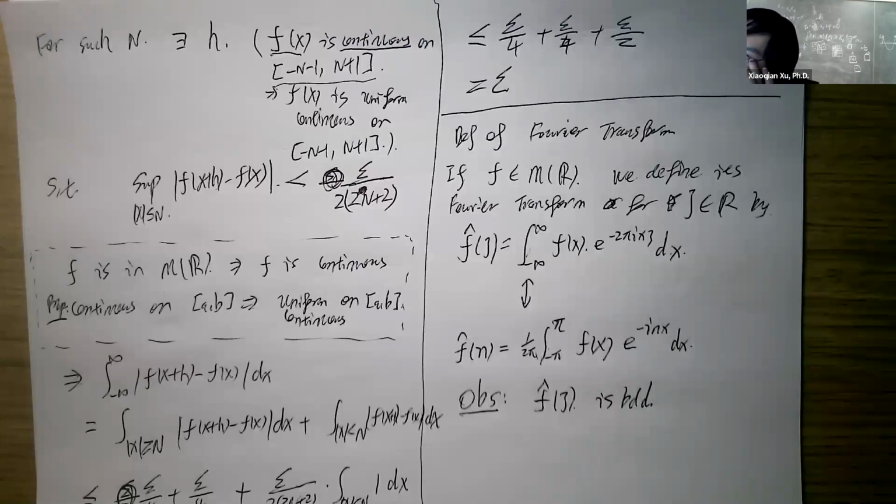Any idea? Well, intuitively, because it has e to the power of i n x, and when n and x both go big, then basically it gets very close to 0.